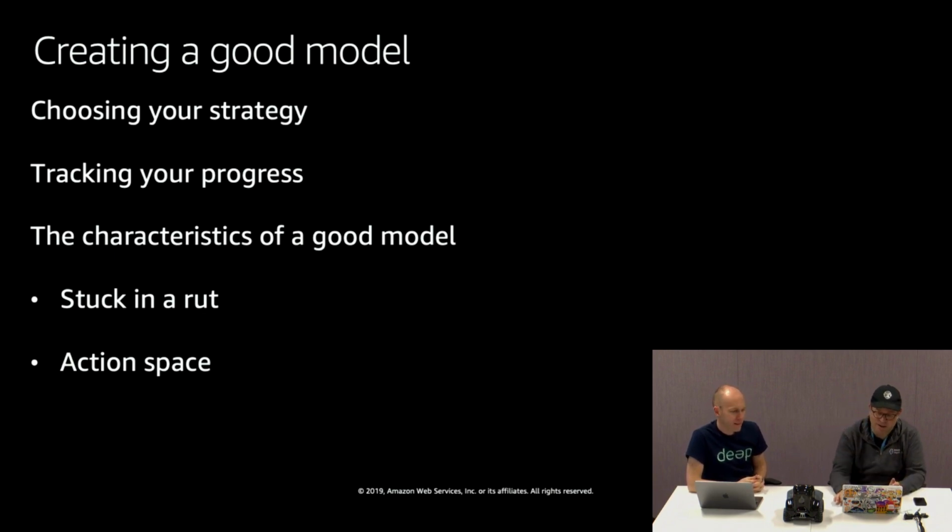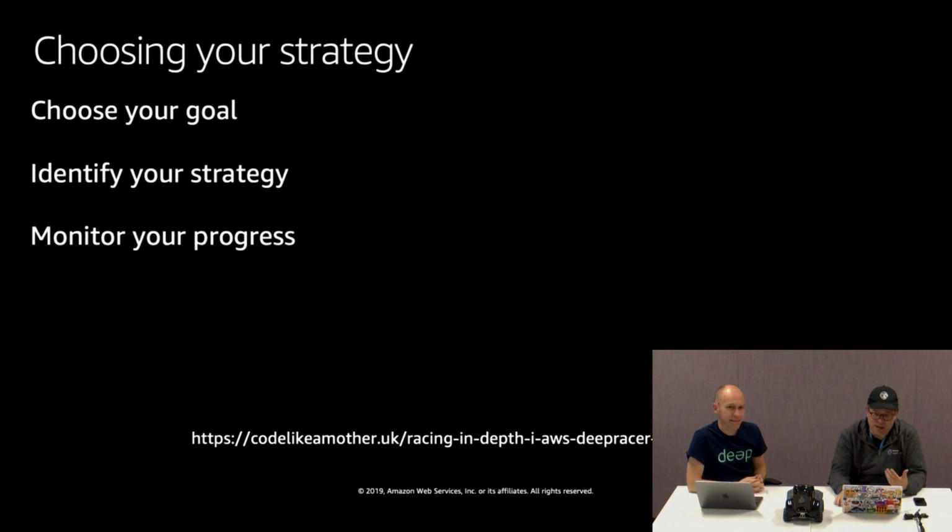Okay, cool. So we've done the strategy around the goal, how you identify your strategy, and we've talked about these key areas. Now, with monitoring your progress, we've talked about how you keep a record of the information yourself through spreadsheets.